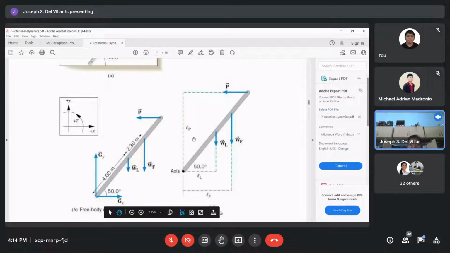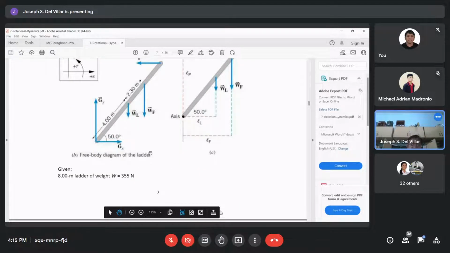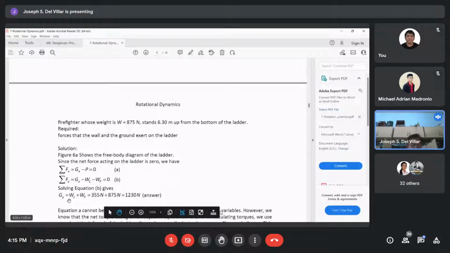P times LP minus WL times L sub L minus WF times L sub F. You can solve for P. And then, yung Gx, Gy, kanina nakuha na sa vertical. Okay? And yung Gx is just equal to P. I-transpose yung P dito. May value na kayo ng P from the torque equation. So whatever is the value of P, then that is also the value of Gx. Okay? So everything now is being solved.